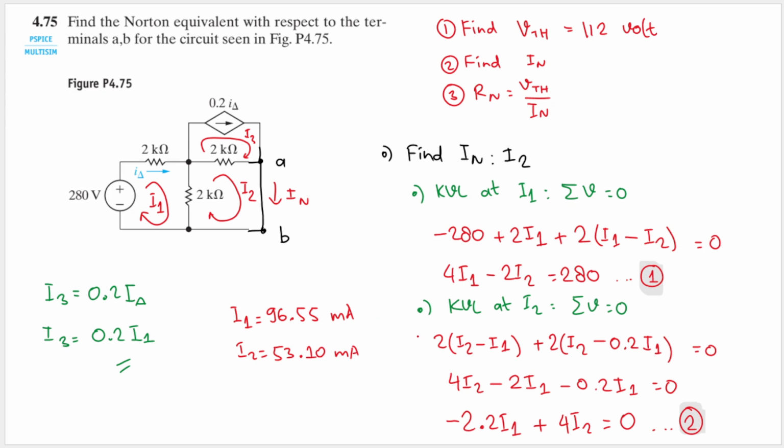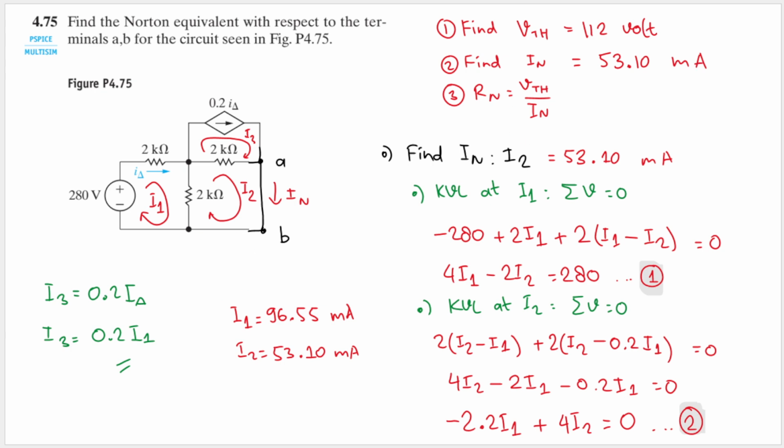Okay, so what is IN? IN is I2, so we will have 53.10 milliampere. Good. So here we have the Norton equivalent current, 53.10 milliampere. Okay, we still need to calculate the Norton resistance.